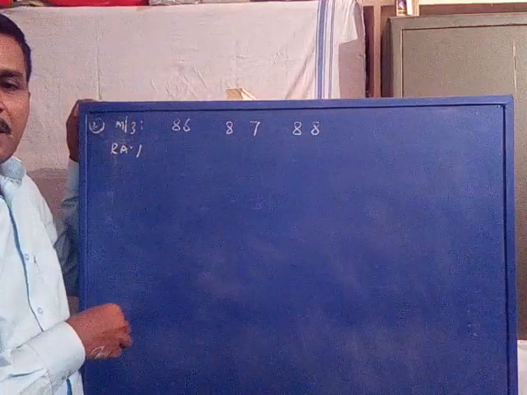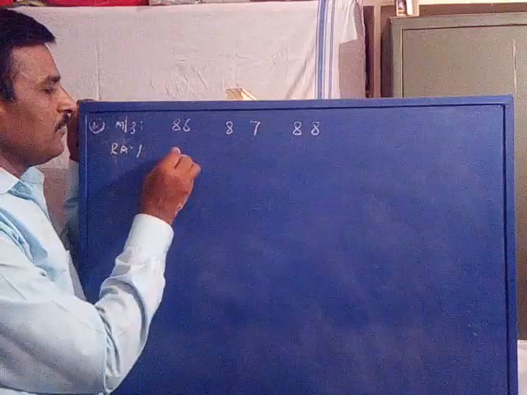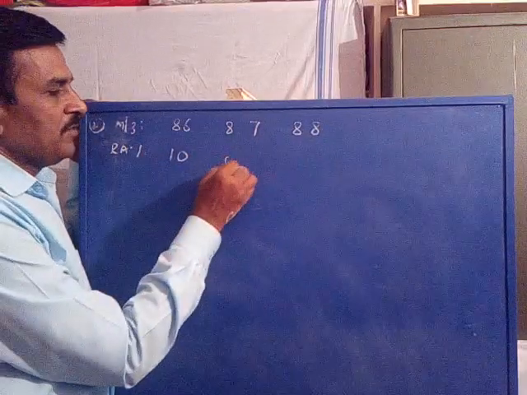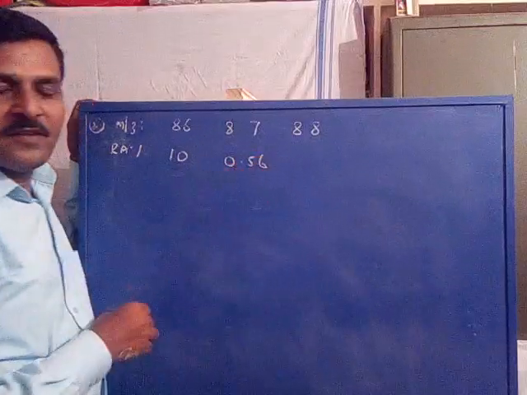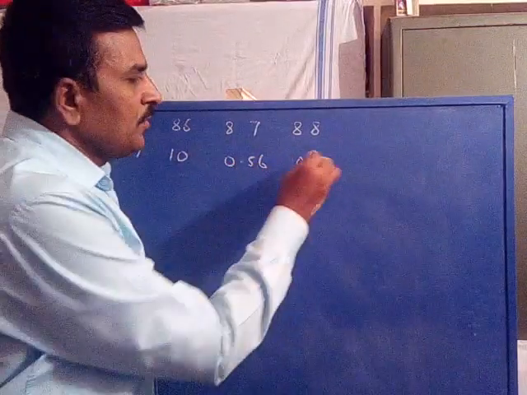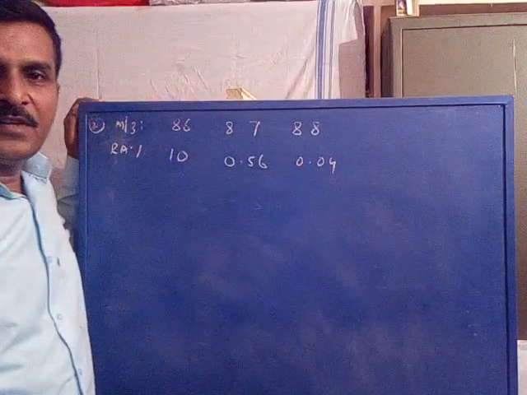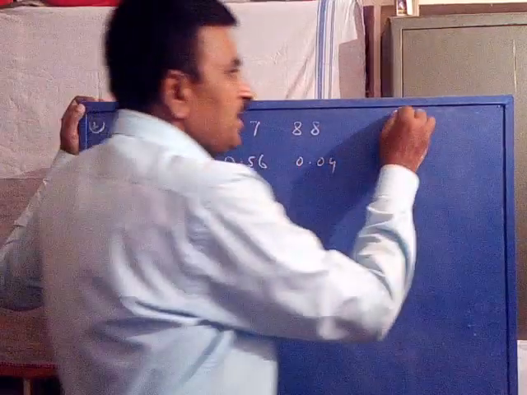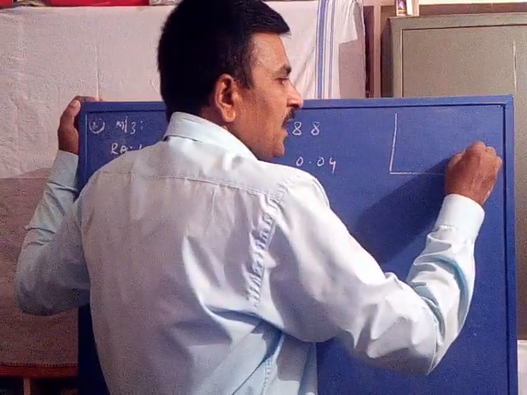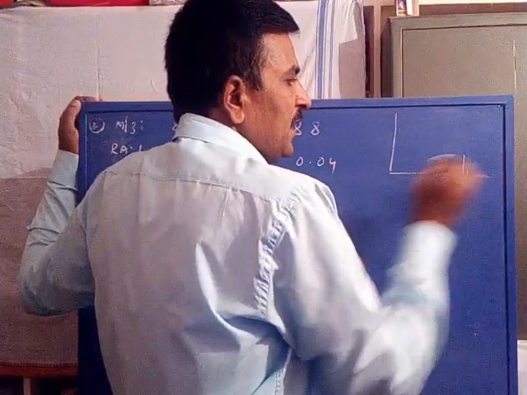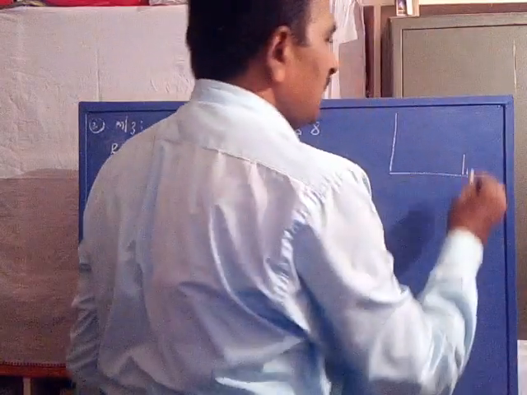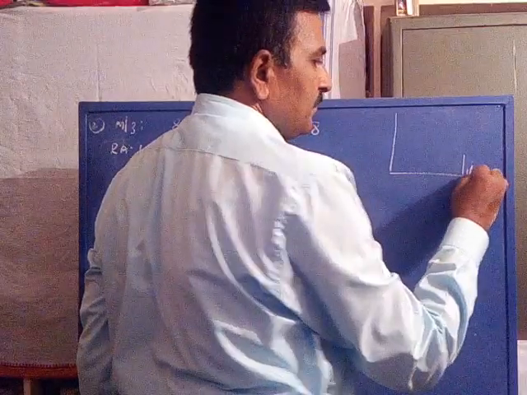Their relative abundances: the molecular ion is 10%, the +1 signal is only 0.56%, and the +2 signal is 0.04%. These are the relative abundance percentages selected from the spectrum. Say, for example, one signal is at 86, another at 87, and another at 88.